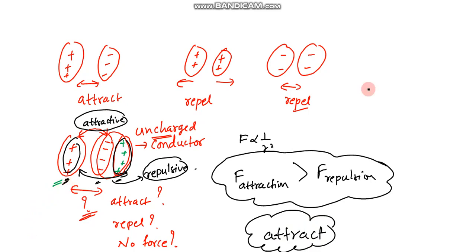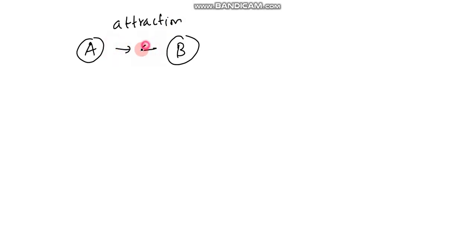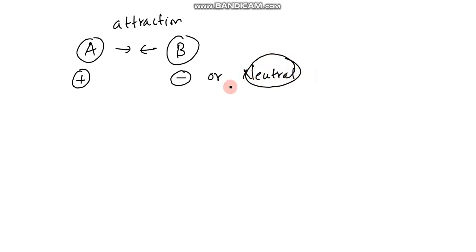If there is a force of attraction between any two bodies, for example A and B, and you consider A as positive, then the second body may be negative or neutral. Similarly, if A is negative, the second body will be positive or again neutral. Please know about this, because based on this, they may ask certain questions.